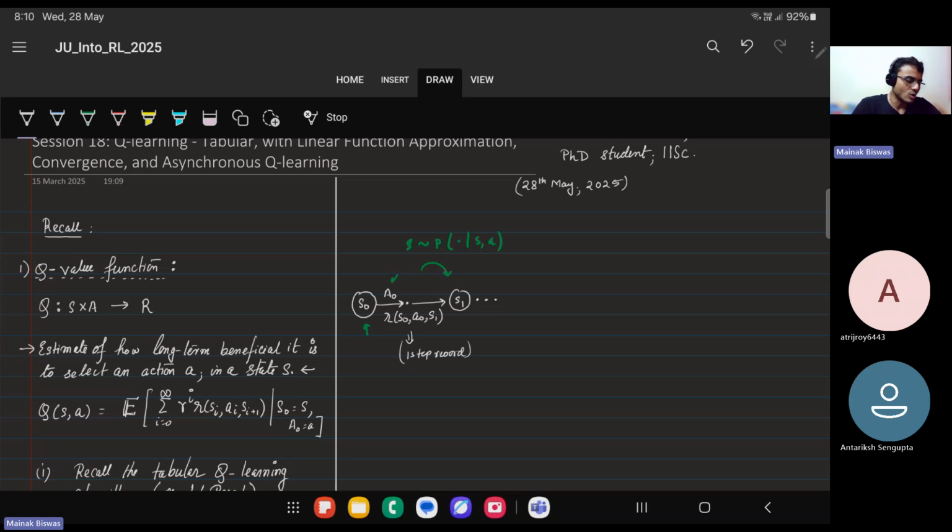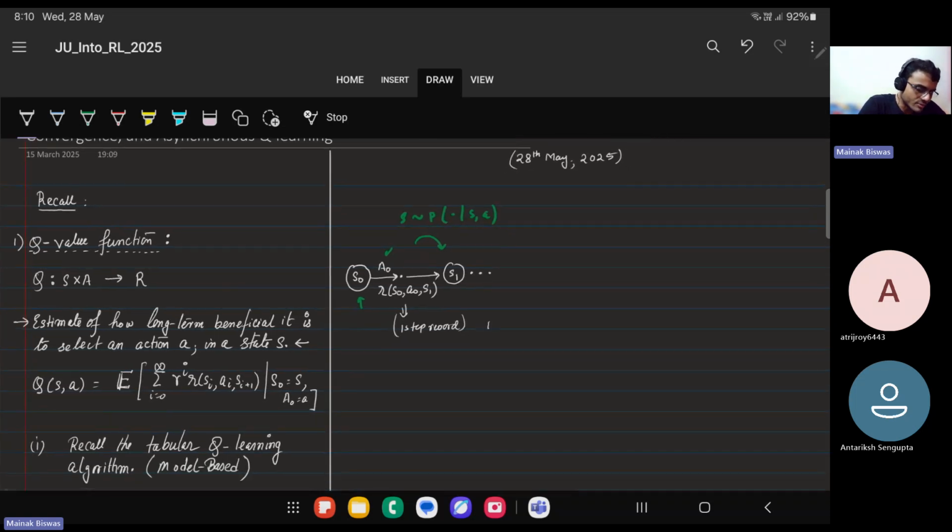So the goal is to maximize this reward, to maximize long-term reward. We have seen it numerous times, that's what we want to do.